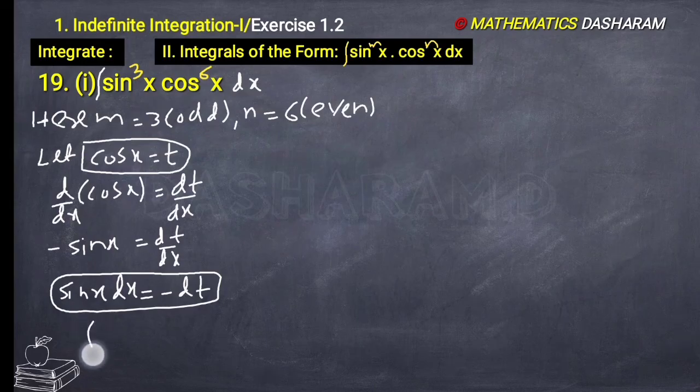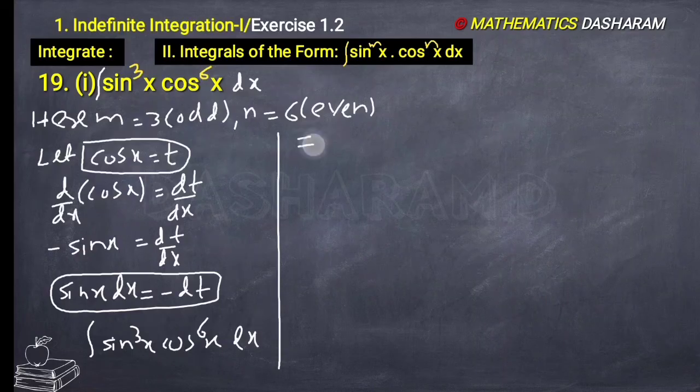So let us write the given question once. Integration sin cube x into cos to the power of 6x dx. In this, cos x equals t and sin x dx equals minus dt. So how is it possible to substitute them? See here, it is equal to integration, sin cube x is there, na?